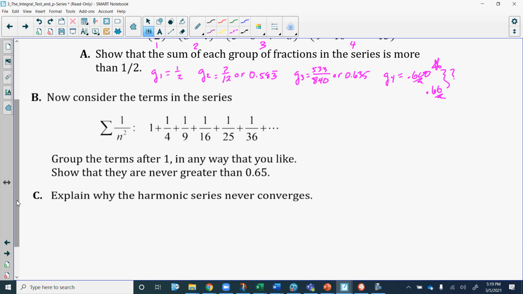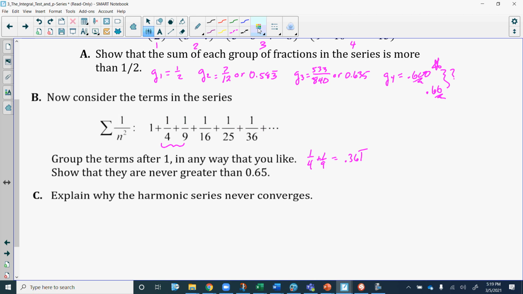So let's just look at the first 2 here. I'm going to say that's 1/4 plus 1/9. And again, you group them however you want to. If I take the sum of those, I'm getting on my calculator approximately 0.361 repeating.